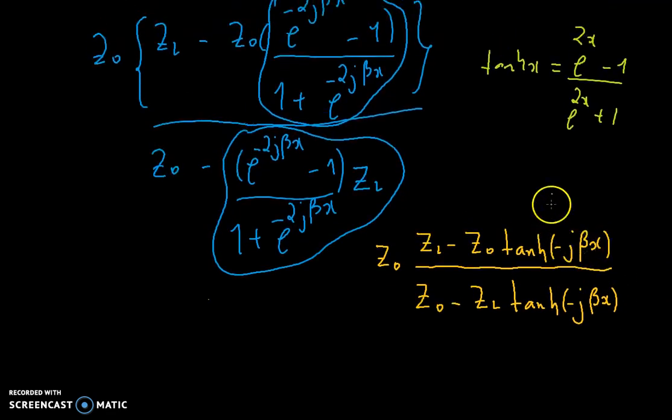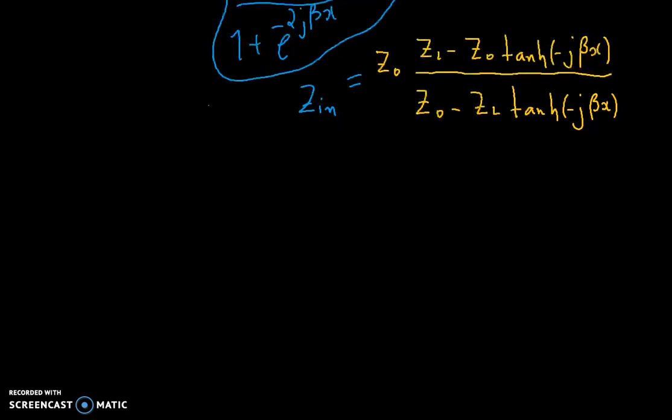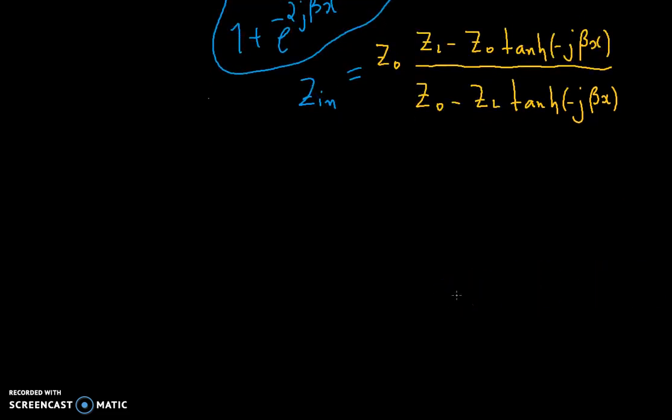If you look here, the x here is the x here, and the x here is the minus j beta x. So we just substitute this into here and we have the formula already. So remember that this is equal to Zin, which is input impedance at any point x on the transmission line.